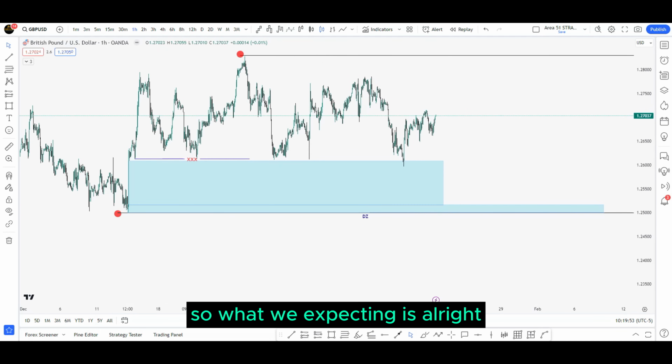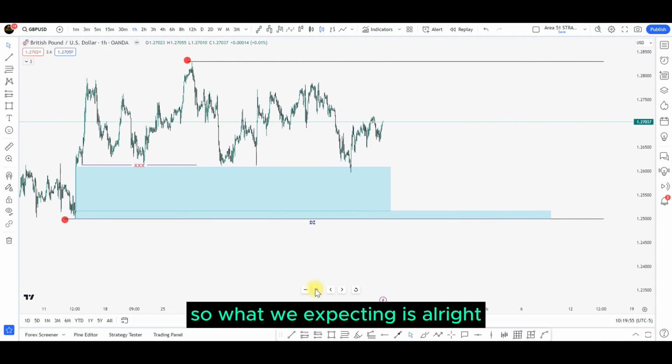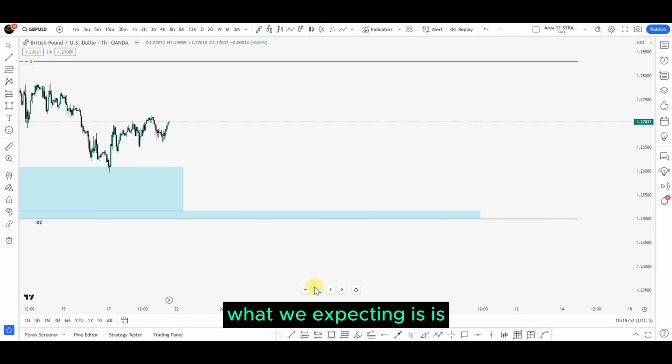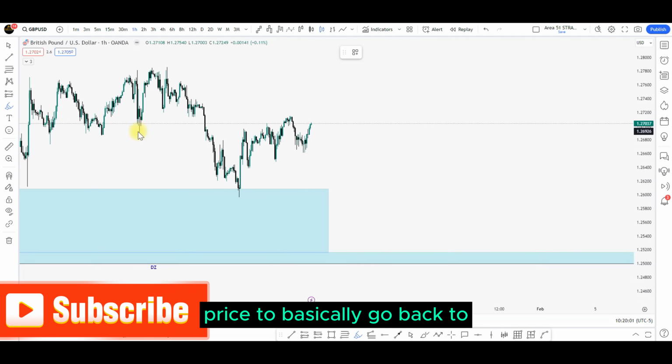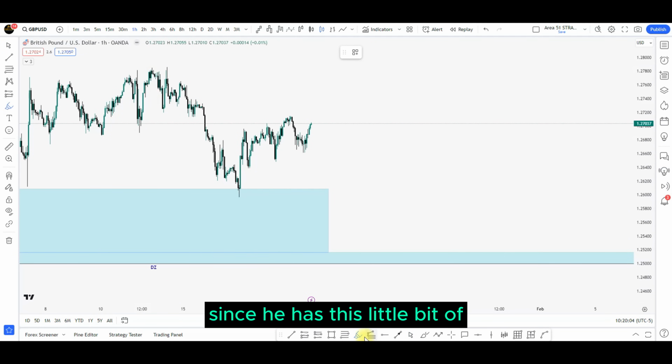All right. So what we're expecting is price to basically go back to, since it has this little bit of minor break of structure here.